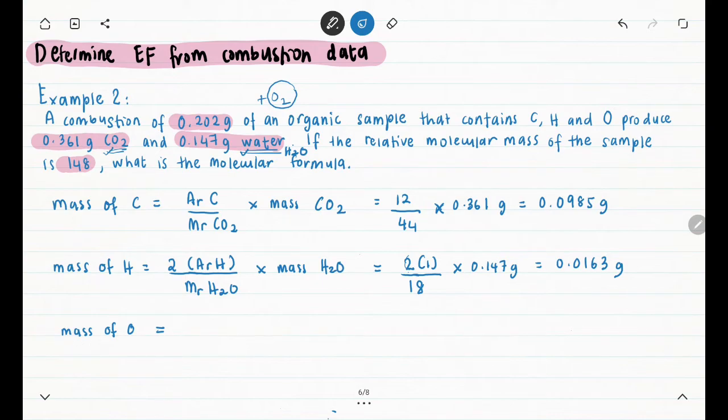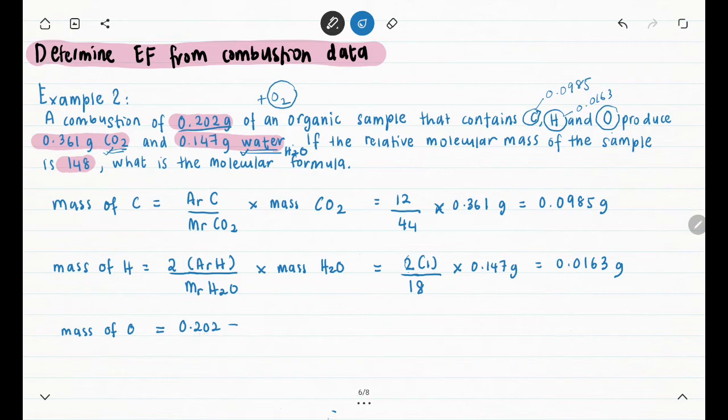So to calculate the mass of oxygen, we have the mass of sample, 0.202, and we know our sample contains carbon, hydrogen and oxygen. Right now we have calculated the mass of carbon, 0.0985, and the mass of hydrogen, 0.0163. So to calculate the mass of oxygen, we need to subtract the mass of carbon and the mass of hydrogen from the mass of the sample.